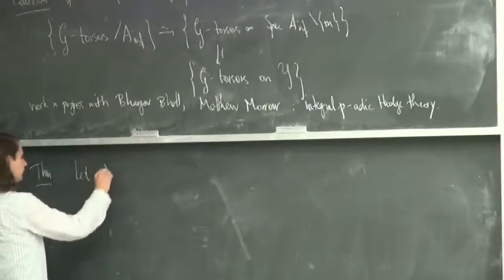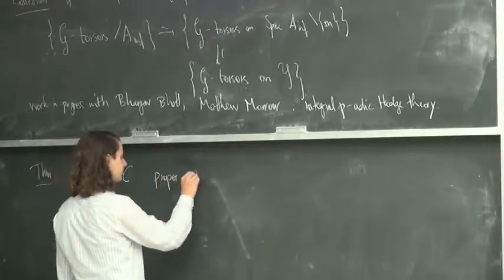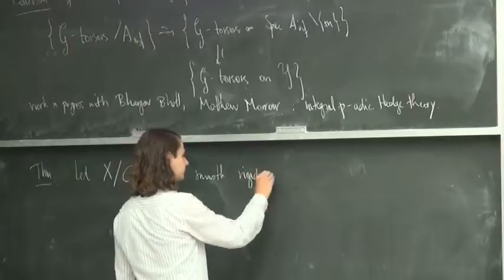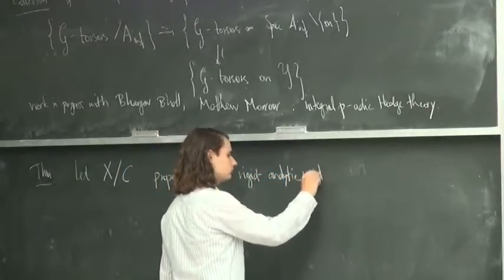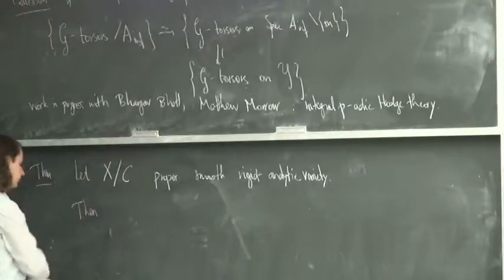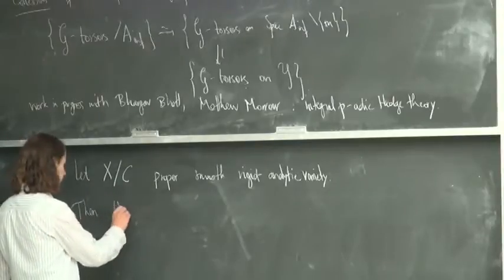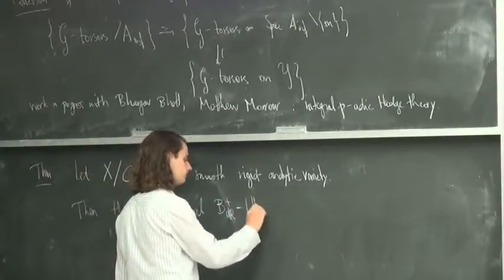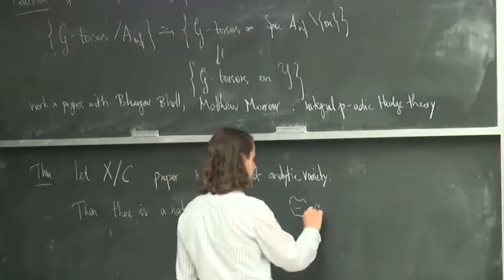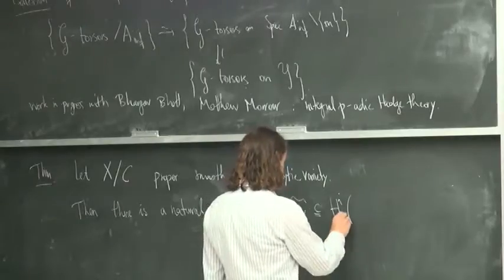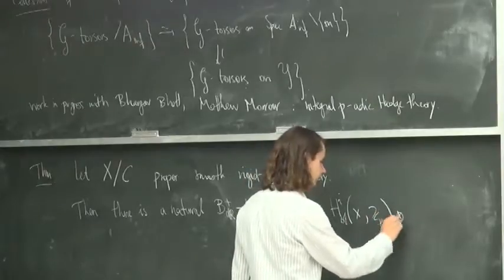If you have X over C, any proper smooth rigid analytic variety, then there is a natural lattice, let's call this psi, inside the étale cohomology of X with C_p coefficients tensored up to B_dR^+.